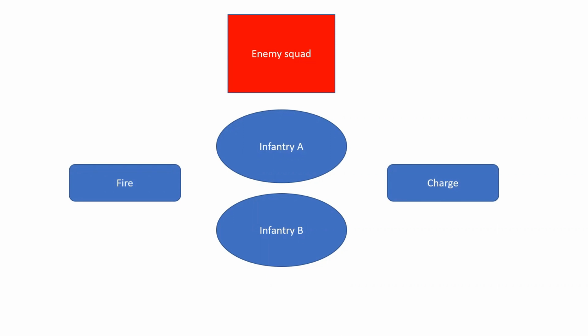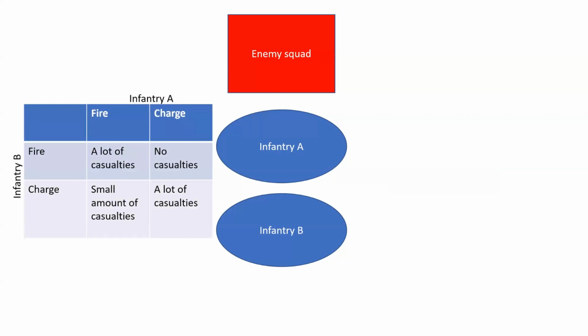To complete the problem setup, we are only missing our constraints. So let us show the constraints. As we can see here, if infantry A chooses to fire and infantry B chooses to fire, both sustain a lot of casualties. In the case infantry A and infantry B decide to charge, they also sustain a lot of casualties.